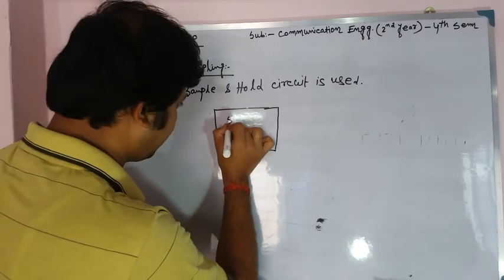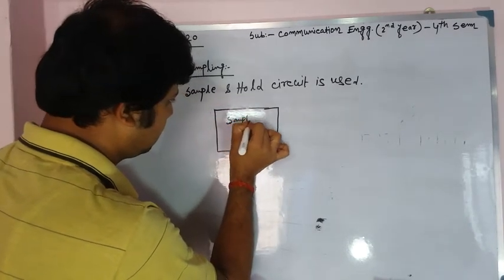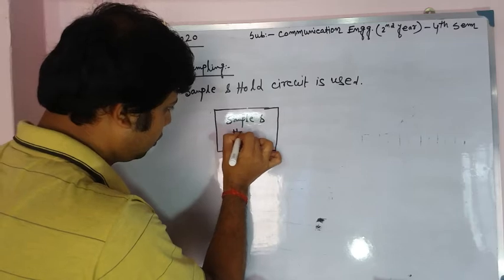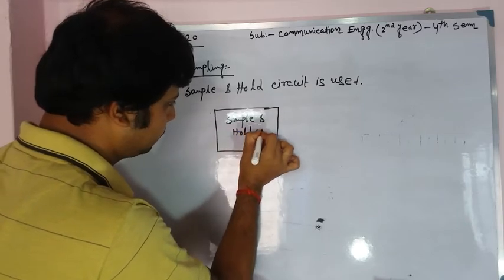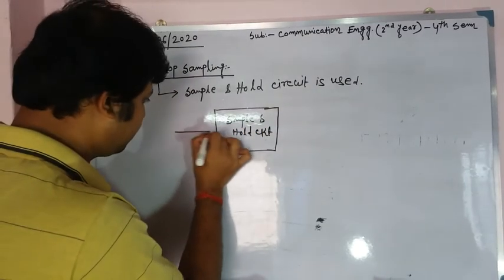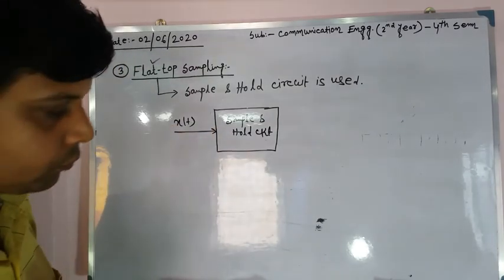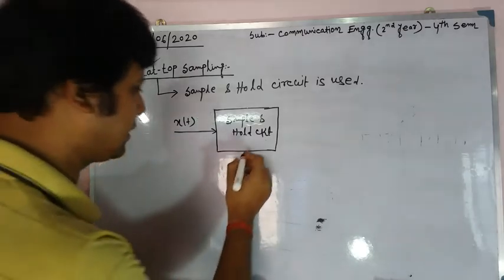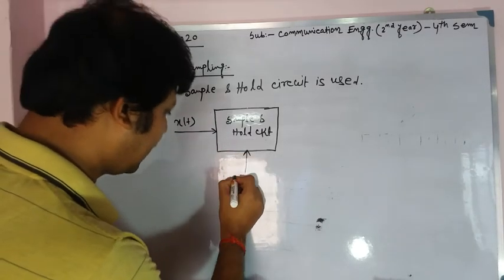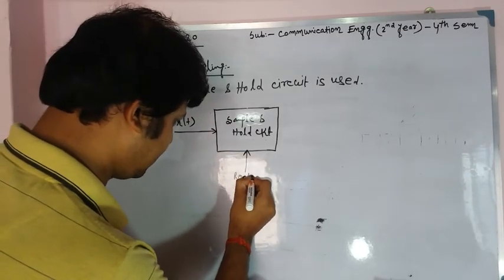The input is x(t), which is called the baseband signal or message signal, and here the rectangular pulse.